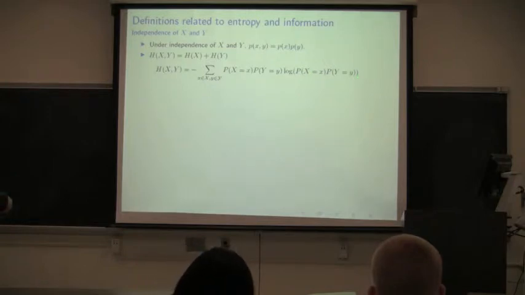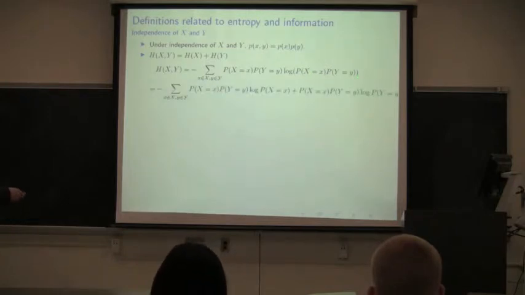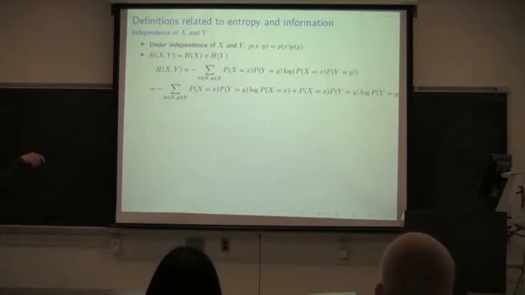Again, the joint probability factorizes. The log of a product is a sum, so we can now split these things up. Move x here, move y here, to sum over all these things.